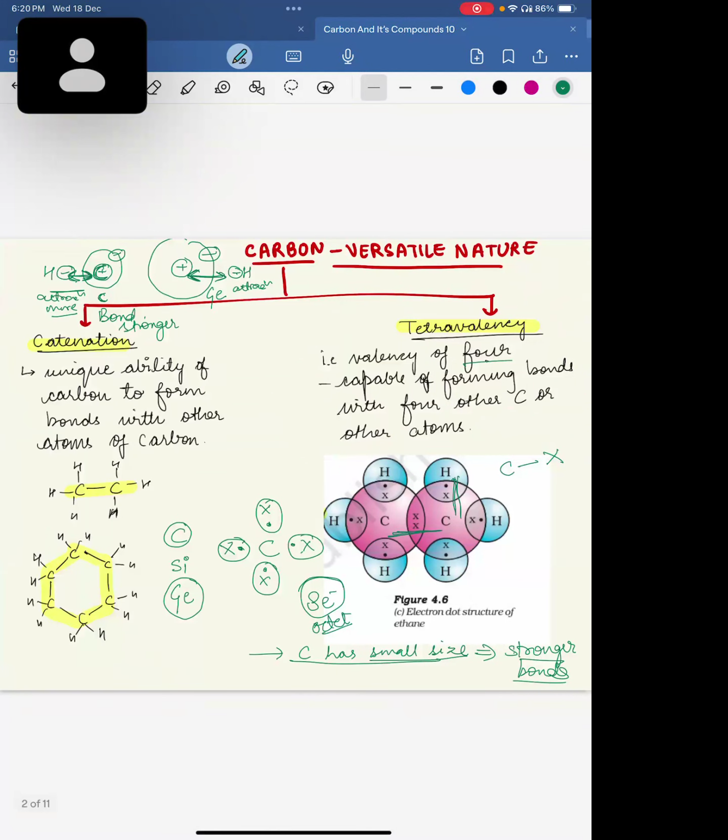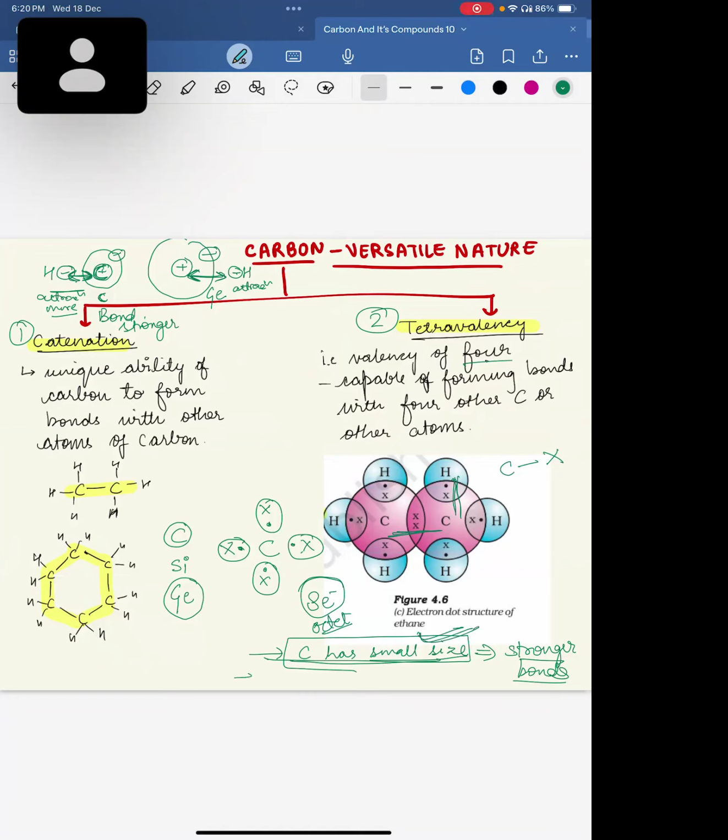So in the exam, if you are asked why carbon has so many bonds, the main two reasons are catenation and tetravalency, and why carbon makes stronger bonds. For that you will write that carbon has small size.